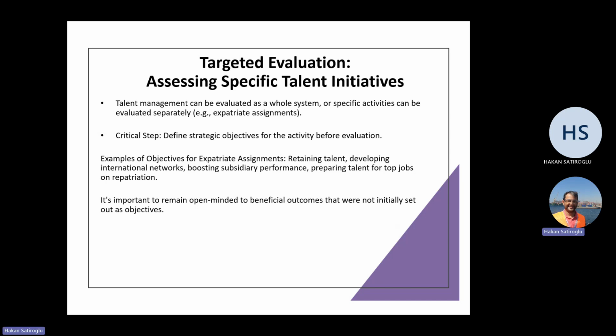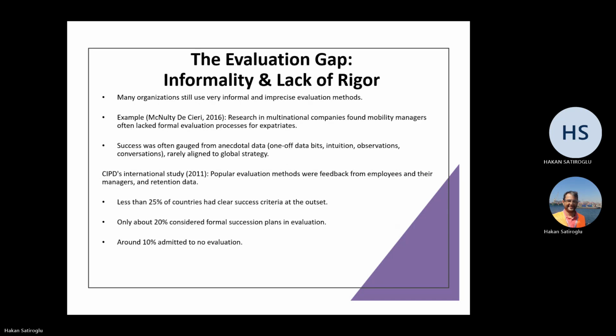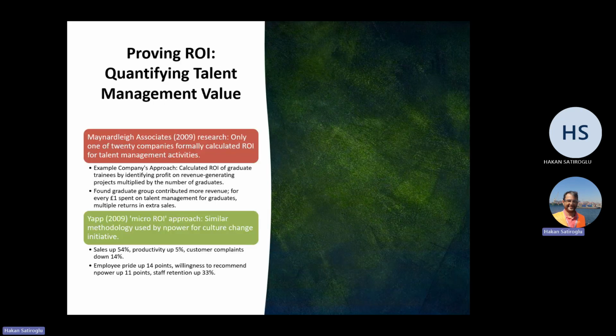Success was often gauged from anecdotal data, rarely aligned with global strategy. In the CIPD International Study 2011, which you can go over, the more popular evaluation methods were feedback from employees and their managers, and retention data. Proving return on investment, quantifying talent management value, is where the rubber meets the road.